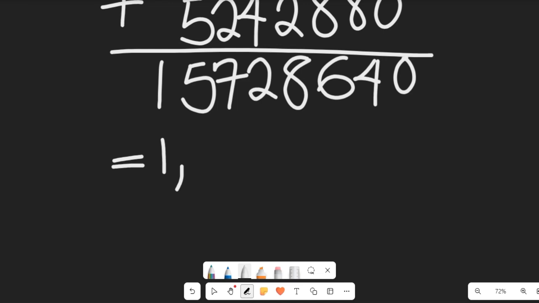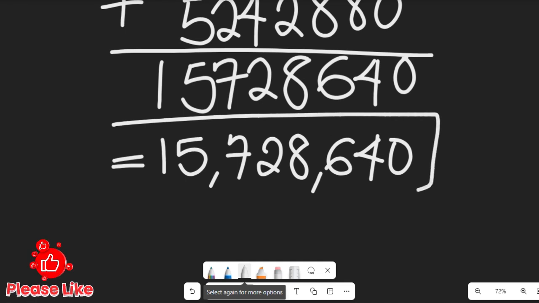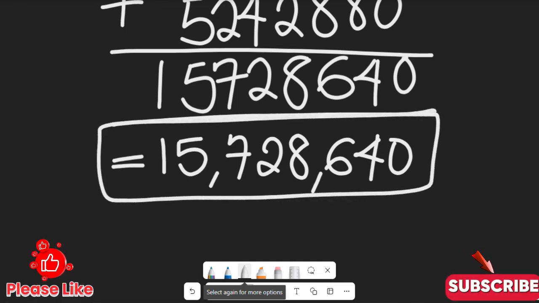No, it's not 1 million. We'll have 15 million. That will give us 15 million, 728,640. And that will be the solution to that expression given to us up there.